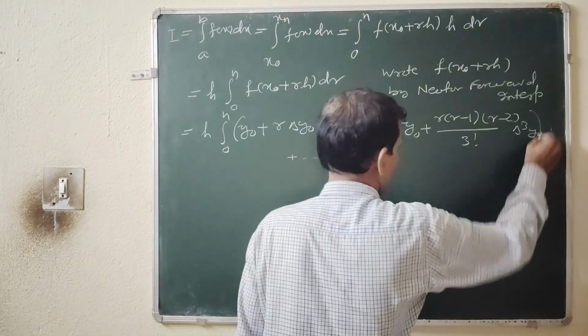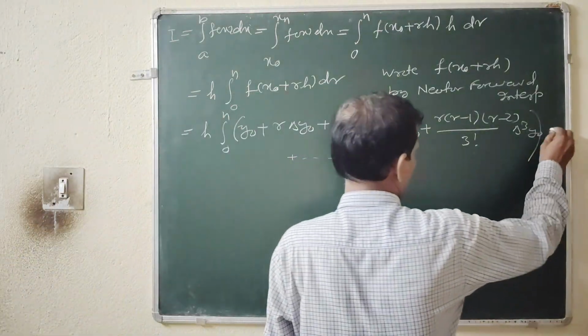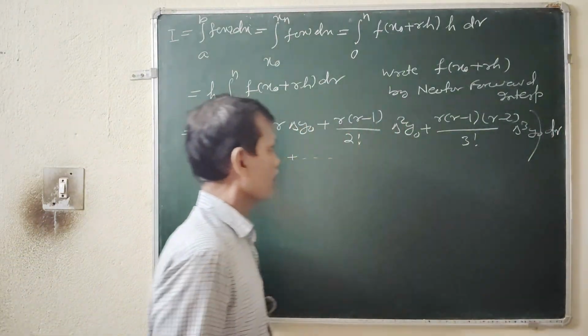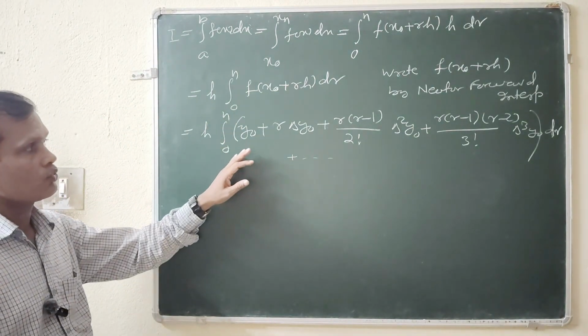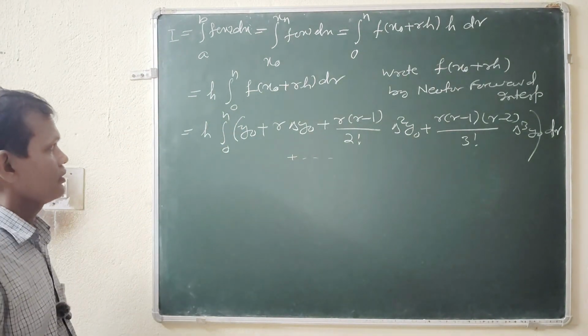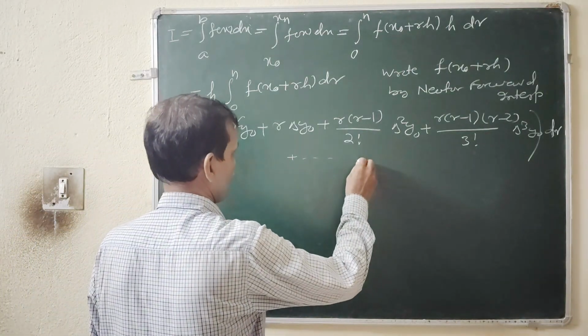With this, what is the last term? Last term is dr. Okay, so this is the Newton-Cotes Quadrature Formula.